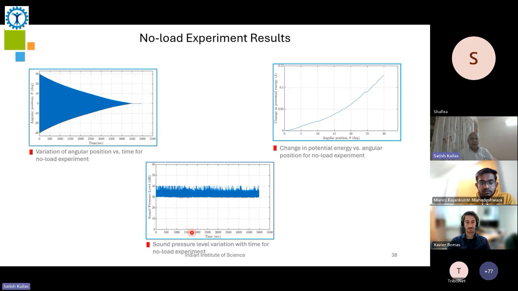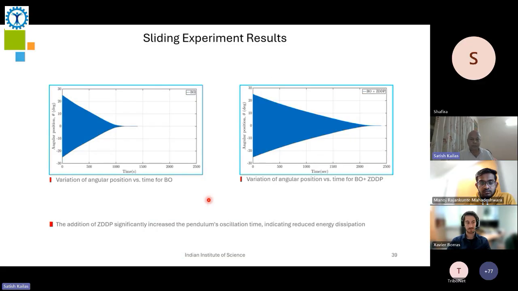So this is the no load experiment, which goes up to 4,500 seconds, and this is the sound pressure level variation at that. Remember, you don't get any vibrational data because there is no tribo contact. And when we add ZDDP, which is a standard extreme pressure and anti-wear additive, you can see that it has significantly changed the damping time.